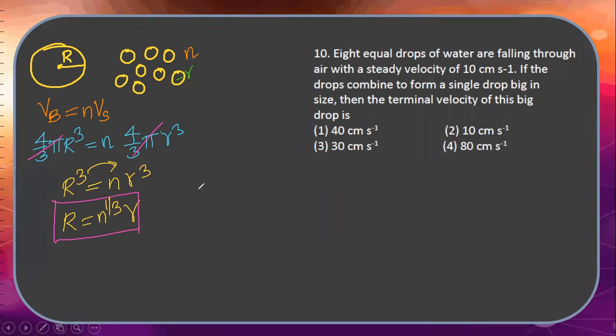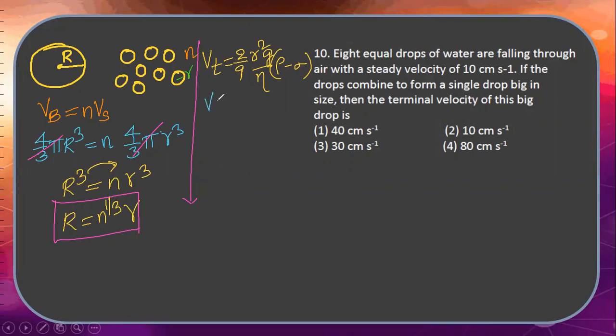Then the terminal velocity for the big drop is to be calculated. What is the expression for the terminal velocity? Terminal velocity Vt is equal to 2 by 9 r square g divided by eta into rho minus sigma, right?